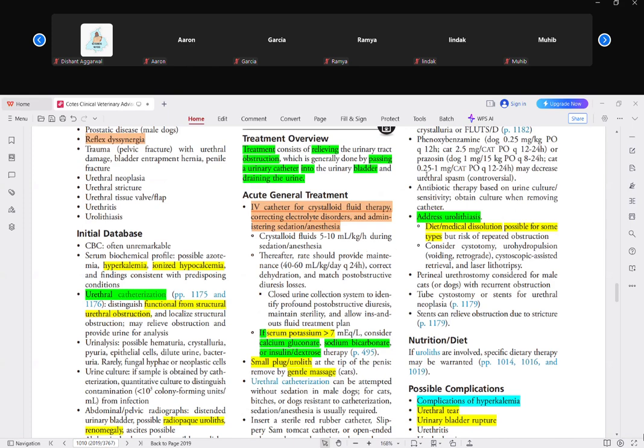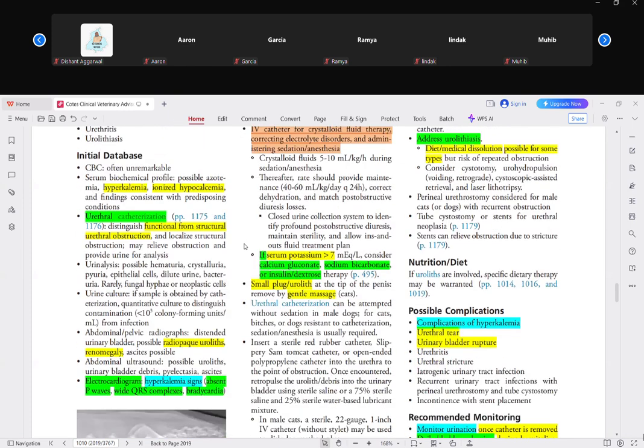After that, give maintenance doses like 60 ml per kg per day. This is also for the potassium. If the potassium is more than 7 mEq, the first thing you use is calcium borogluconate. Then you can start with the fluids, sodium bicarbonate, and insulin with dextrose therapy. That's the thing you need to do.